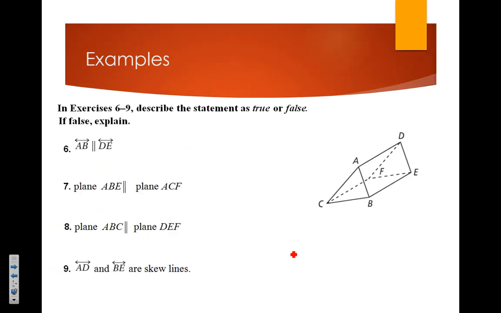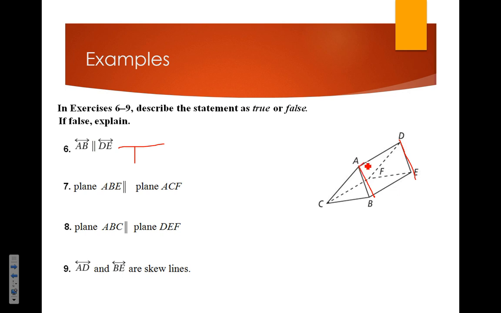Okay. More examples. I've got this triangular prism, and I want to know, remember that's the sign for parallel, is AB, this line right here, parallel to DE? And yes, that's going to be true. Big true. Okay. I've got plane ABE, which is the one that's in there, and plane ACF.